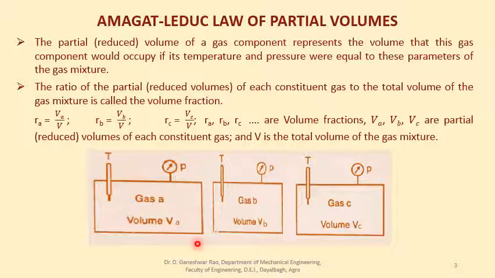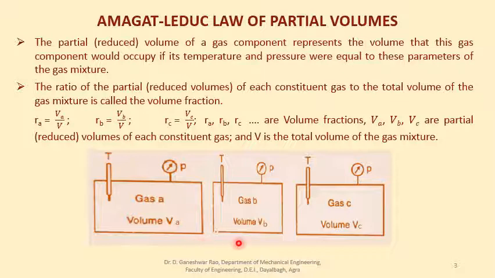So let us say, to maintain same temperature T and pressure P when the container is filled with gas A, the volume occupied by gas A to maintain same temperature and pressure is Va.